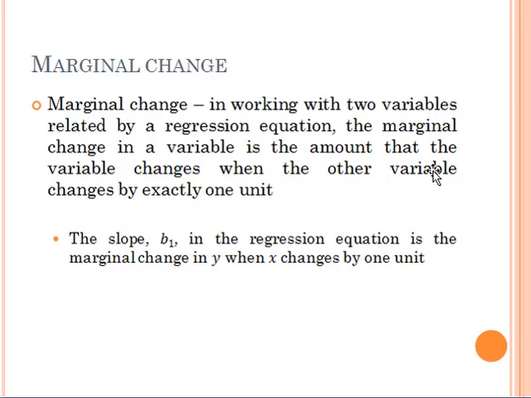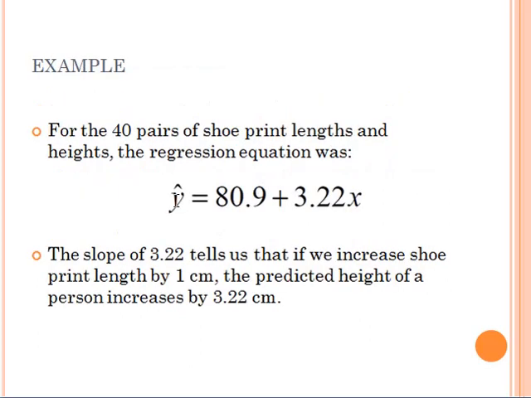If you change one variable by 1 unit, the change directly affects the other variable. So the slope, which is represented by b1 in the equation, represents the marginal change in y when x changes by 1 unit.